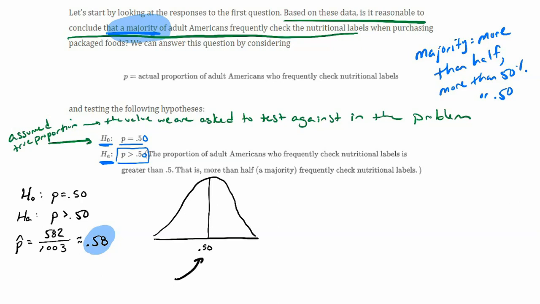If this is true, what is the likelihood my sample value would come back at 0.58 or further away from that value of 0.5 if it's true? So here's 0.58, a little up higher. And now what we're doing is looking for that shaded probability.